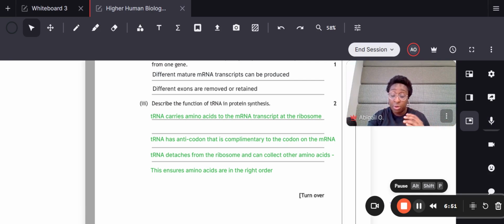And your third mark will be for saying that tRNA detaches from the ribosome and can then go and collect other amino acids, or basically that it's reusable in this process, and that it will ensure that amino acids are in the right order, because the anticodon is going to be specific to the codons, and that's going to make sure amino acids are in the correct order. So those kind of ideas are what they're looking for in order to get those 2 marks. Again, they're all attached to the idea of the tRNA molecule itself and its anticodon, and it's carrying amino acids, and then what it does at the ribosome with that mRNA.